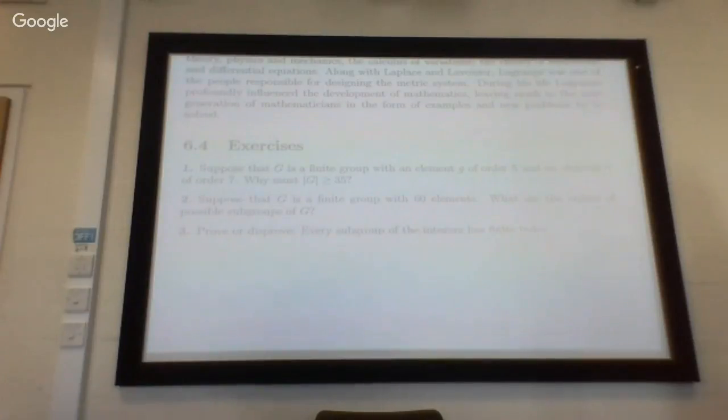And then with the advent of the Sylow theorems, which subgroups would you know existed? 5 and 3.